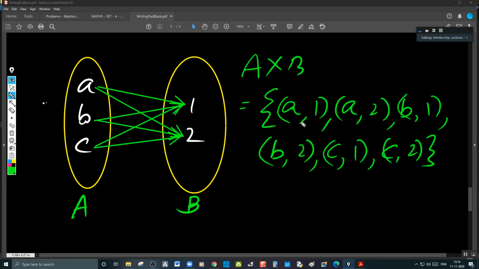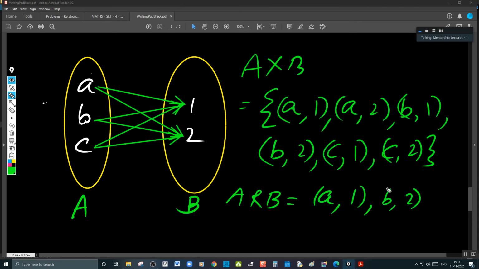If you take any subset of it, that is said to be a relation. For example, if I want to take a subset from that, I can take any ordered pairs among them, like A1, C2, B2, C2.